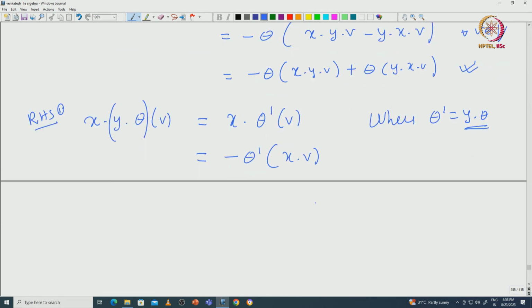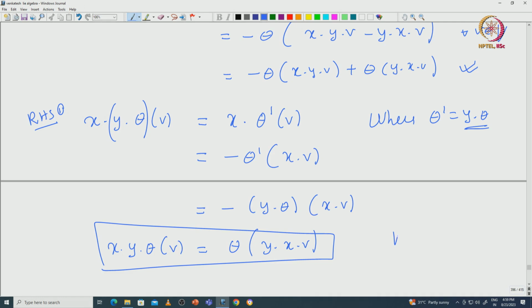But you can go back and see what theta dash is: theta dash is y dot theta. So that gives me minus y dot theta applied on this new element x dot v. Then it is going to give me another minus, so the minus minus will cancel, and we get theta of y dot x dot v. So x dot y dot theta applied on v gives me this, for all v in V.